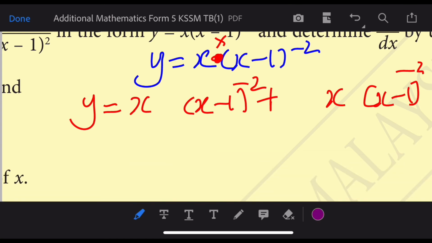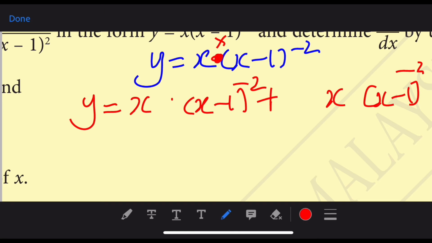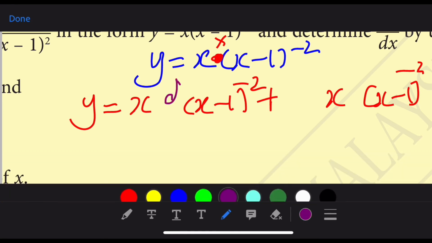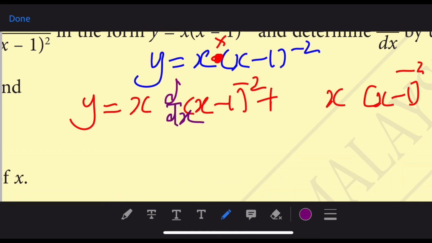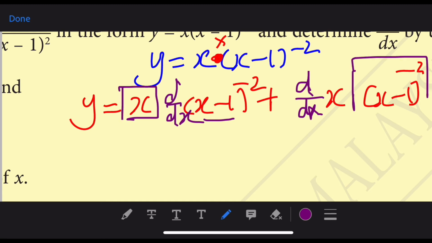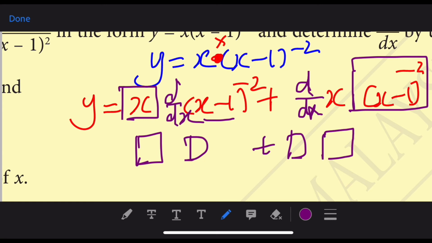After you copy, you're going to differentiate this thing. The one that you need to differentiate, I use a purple color. This one you have to differentiate. This one you don't differentiate. So D plus D, OD DO.